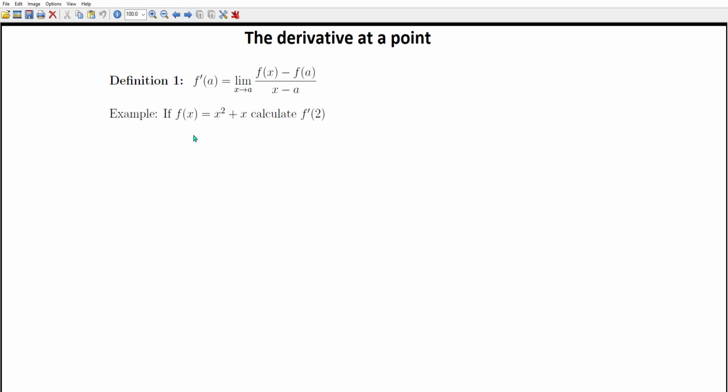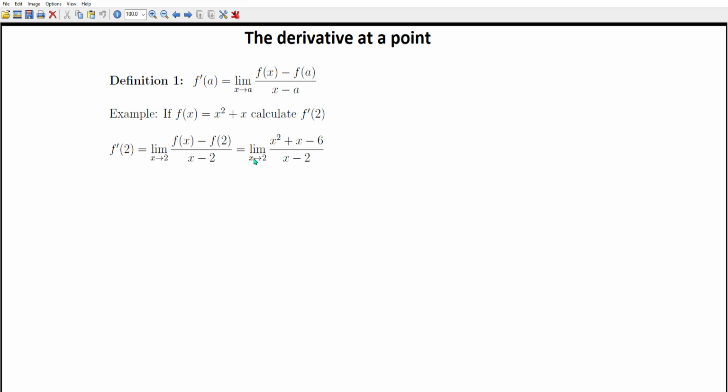So our first example, f of x is going to be x squared plus x, and we want to calculate f prime of 2. According to our definition, it's going to be the limit as x goes to 2 of (f of x minus f of 2) over (x minus 2), because a is 2. We plug in f of x is x squared plus x, and f of 2 is 2 squared plus 2, or 6, over x minus 2.